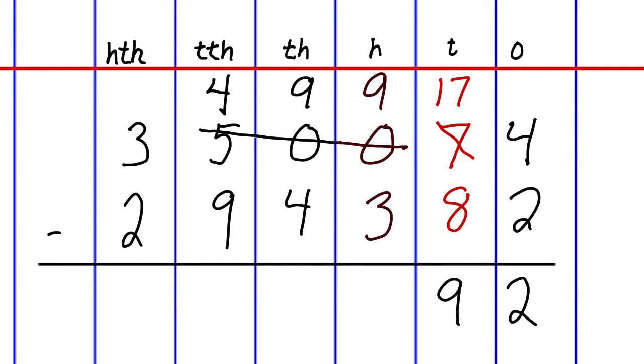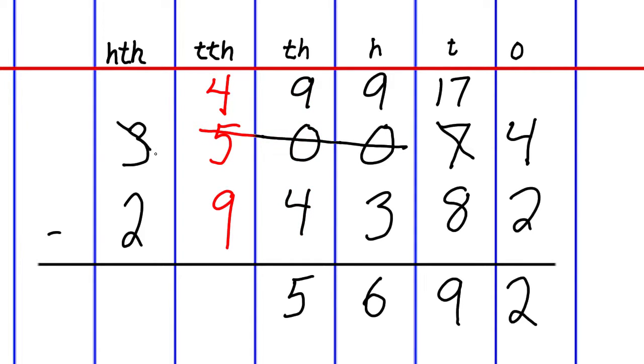Is regrouping necessary for the hundreds place? No, not anymore. There are 9 hundreds, so 900 subtract 300 equals 600. Is regrouping necessary for the thousands place? No, 9,000 subtract 4,000 equals 5,000. Is regrouping necessary for the 10,000s place?